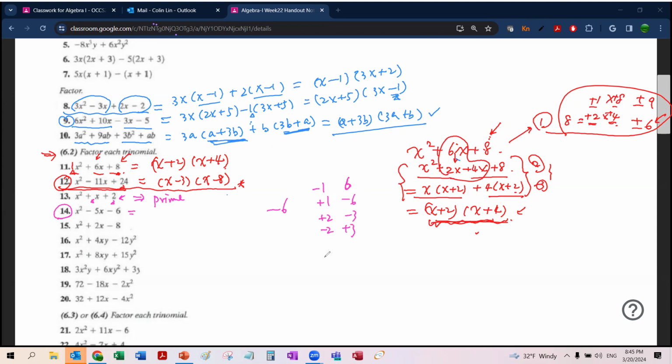So 4 pairs as well. The sum of them should be -5, so it will be this one. So it changes into (x + 1)(x - 6). If you're not confident, please double check: x squared, -6x, -x, so -5x, right? The last one was -6.